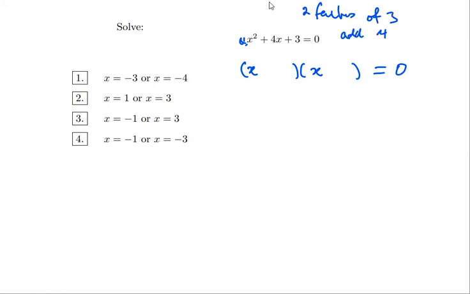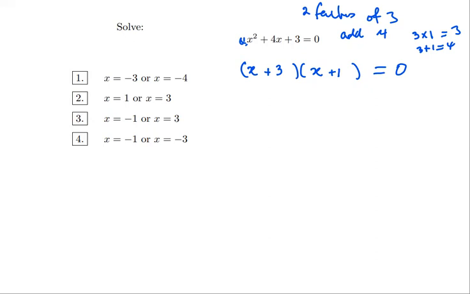So we can look at a few numbers. 3 times 1 is equal to 3. 3 plus 1 is equal to 4. So it looks like x plus 3 and x plus 1 are the numbers we're looking for.